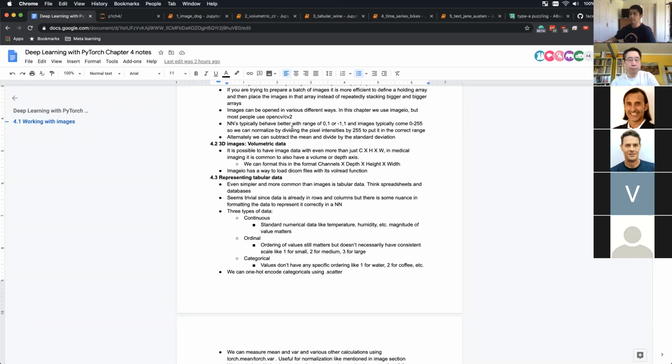If you're looking at the red channel specifically, you measure the mean across all of your images, subtract that mean from the individual images, and then divide by the standard deviation as well. You can do that across the whole dataset or in batches; there are different ways to approach it, with various pros and cons.